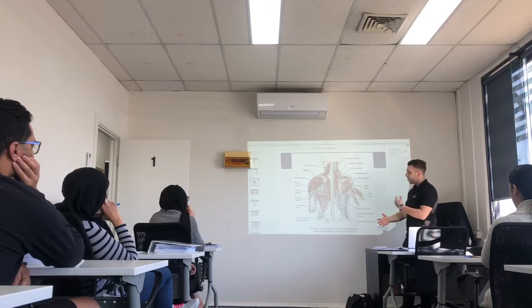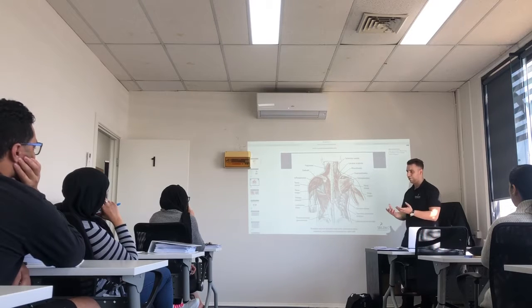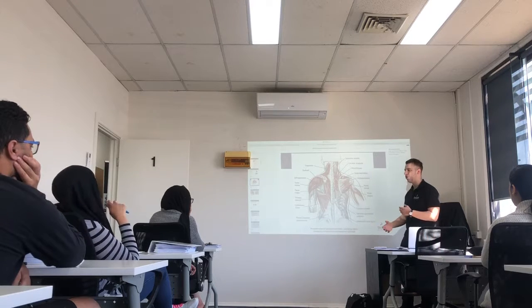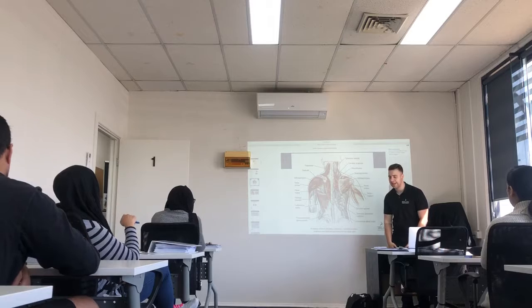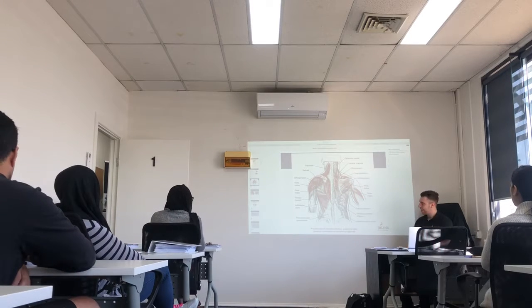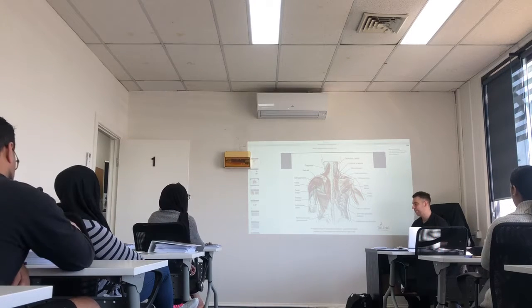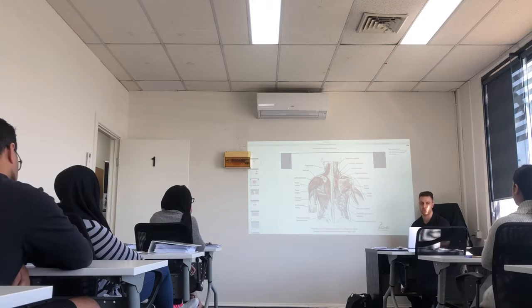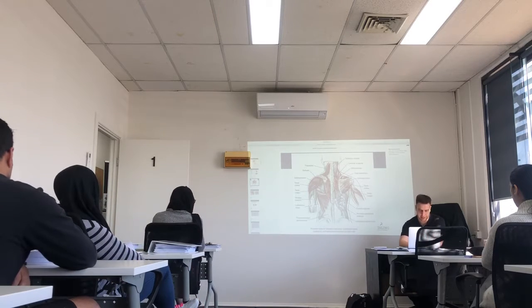It's good to read over these throughout your workbooks, going on the internet, printing off charts, putting up charts in your room and trying to go over it every day to get familiar. It's vital to know your muscle groups, so it's easier for your treatment, what you're doing at placement and at your job as well. So it's really important.